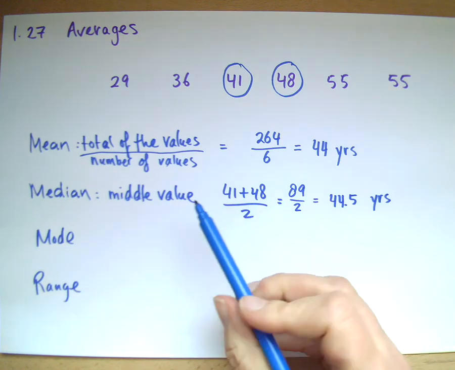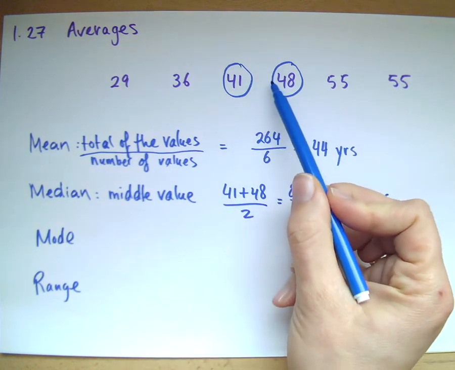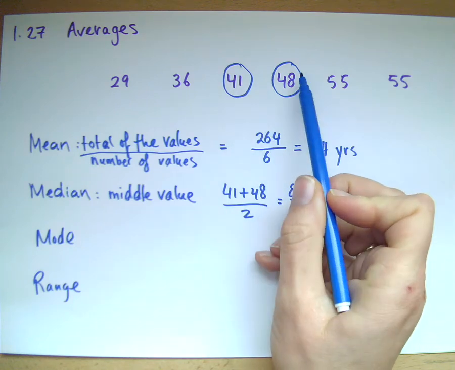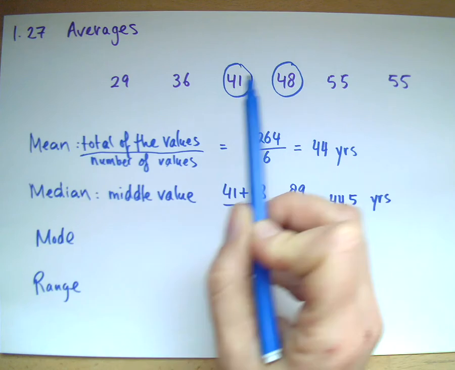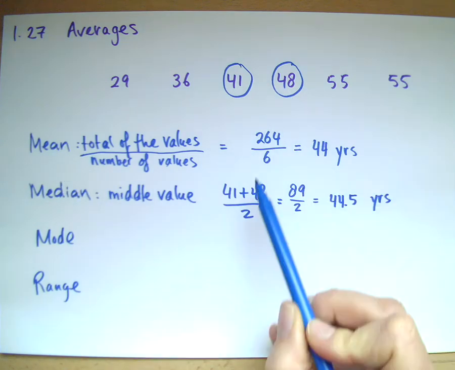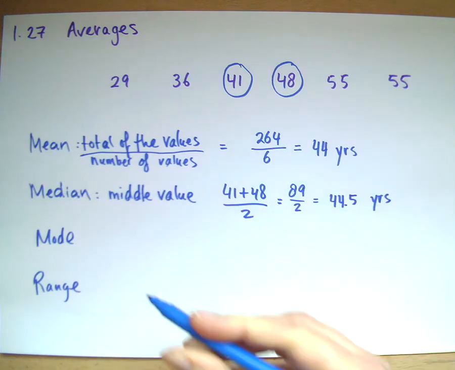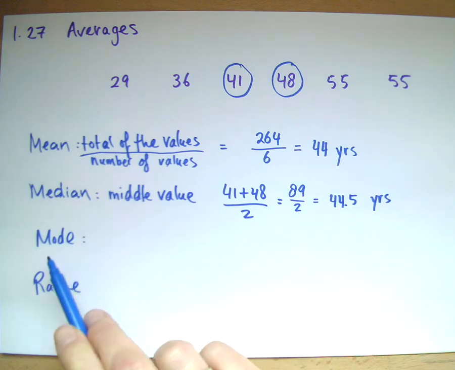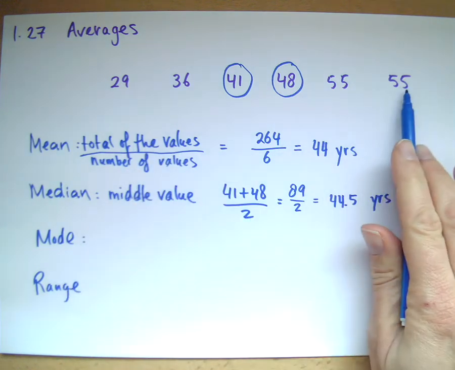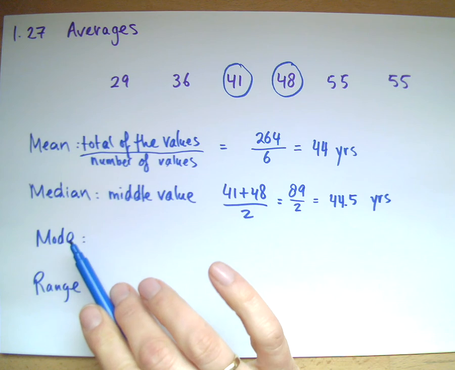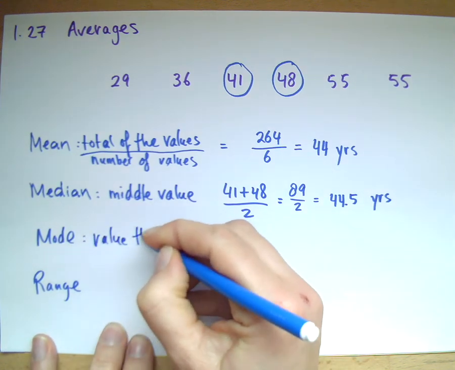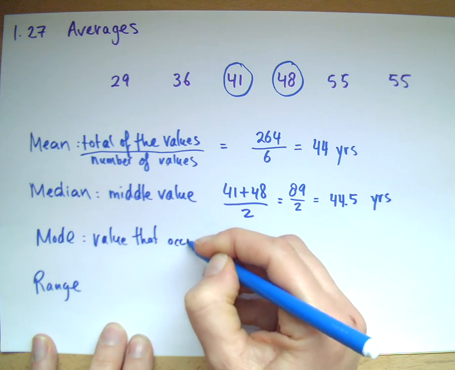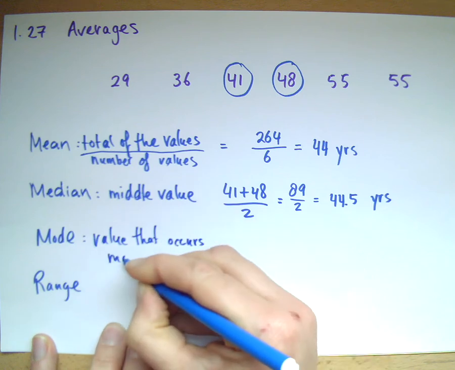I think it's kind of funny that when there's 2 middle values, you actually find the mean between these 2 values, the mean, to find the median. I think that's funny. Okay, what is the mode age? Mode means the value that occurs the most often.